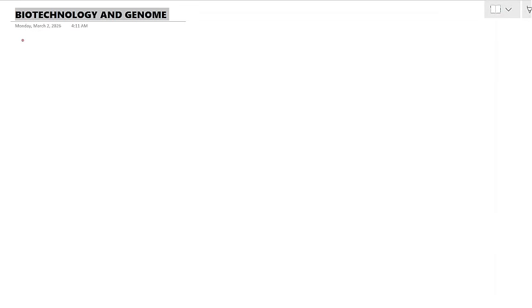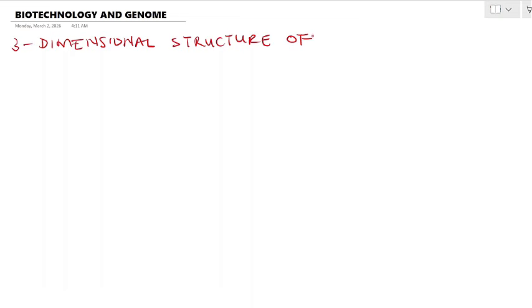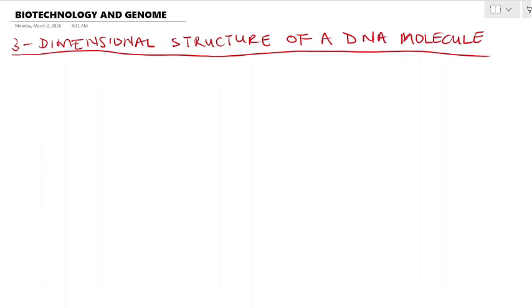We begin to look at the 3D structure, the three-dimensional structure of a DNA molecule.